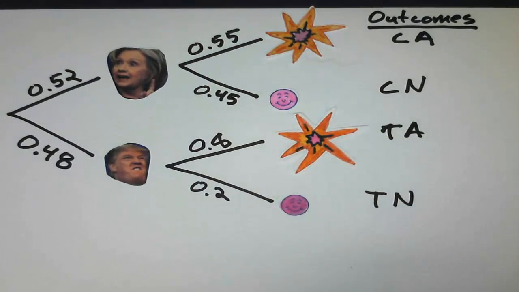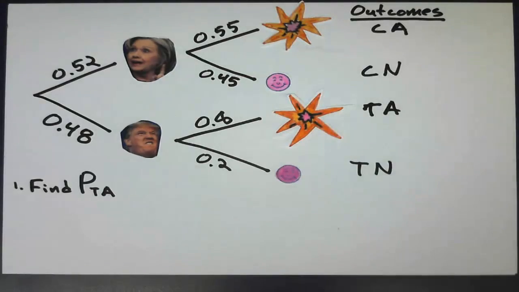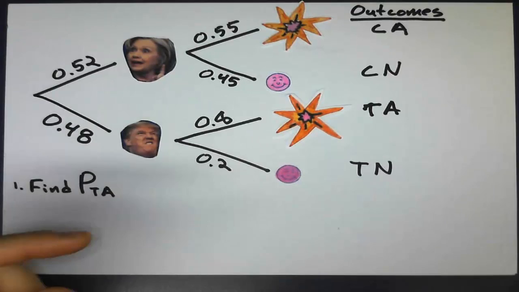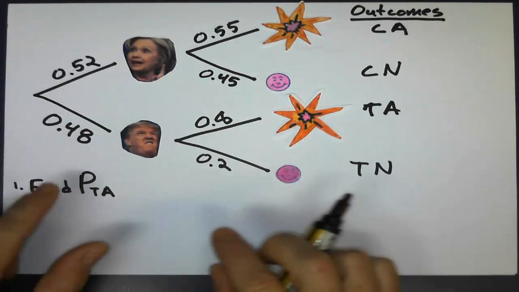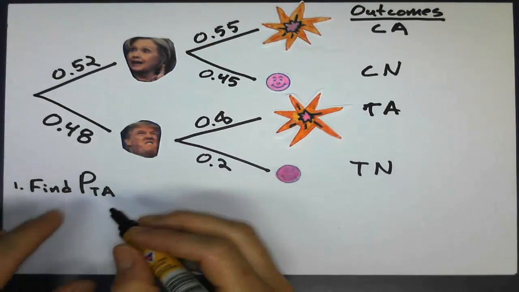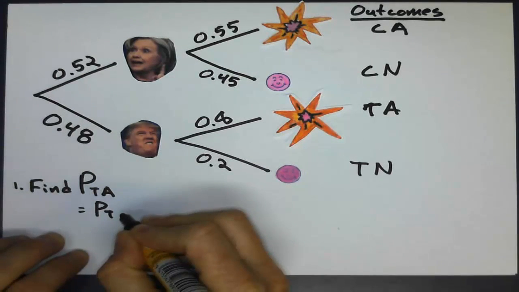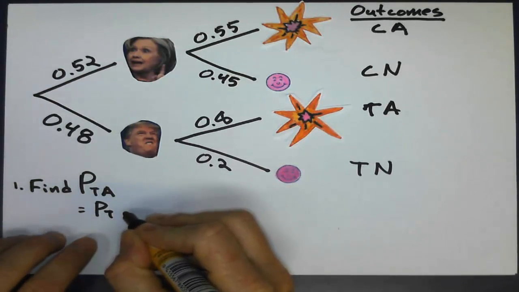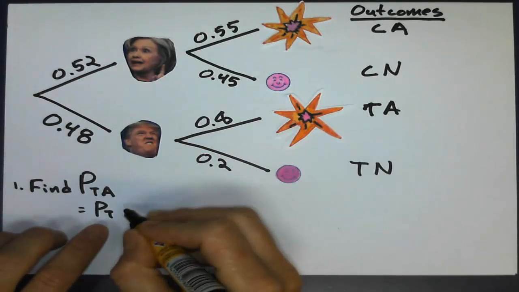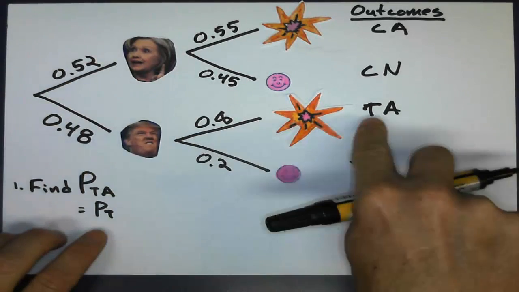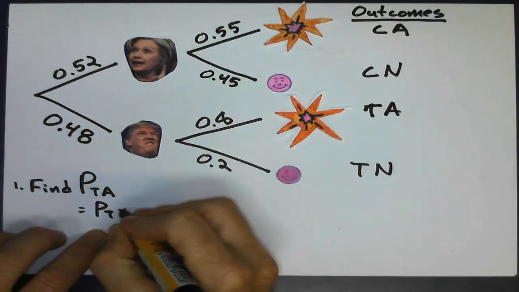So, moving on, let's say I pose a question. Find the probability of Trump getting elected and there being apocalypse. This is one of the easiest ways to solve probability using a tree. If it's Trump and apocalypse, that means I want to find the probability that Trump wins and the probability that there's an apocalypse. If it's an "and" type of thing, that's going to be multiplying those probabilities.